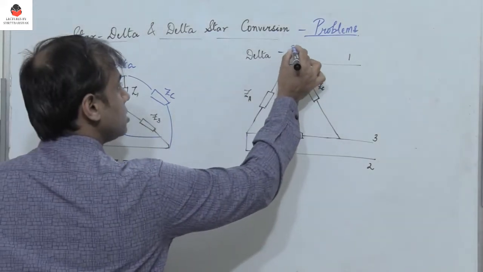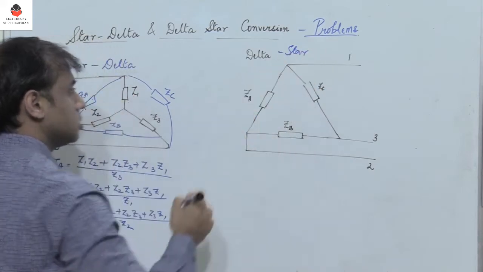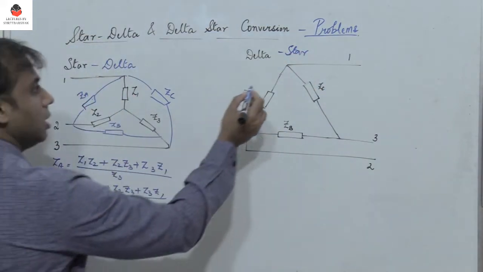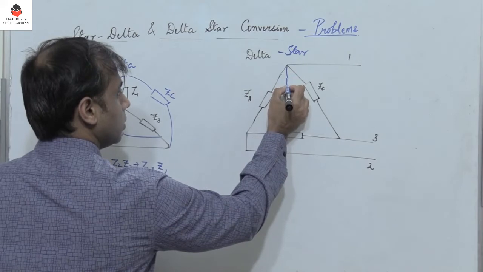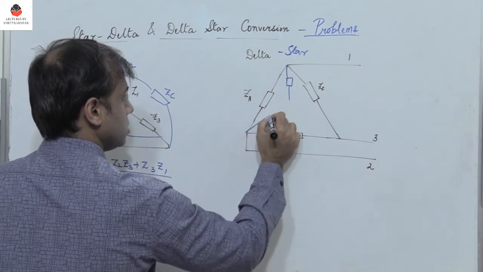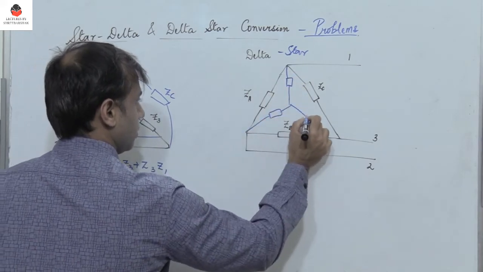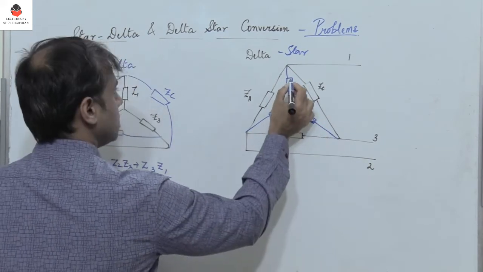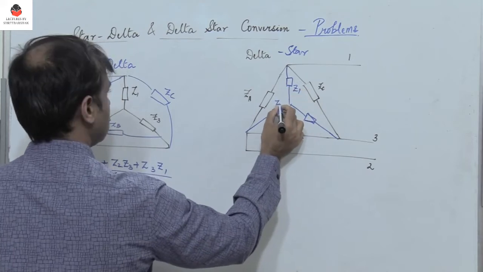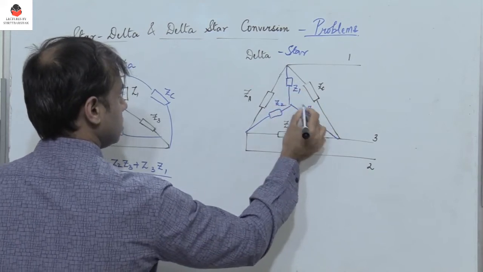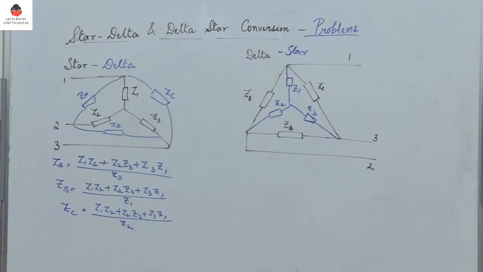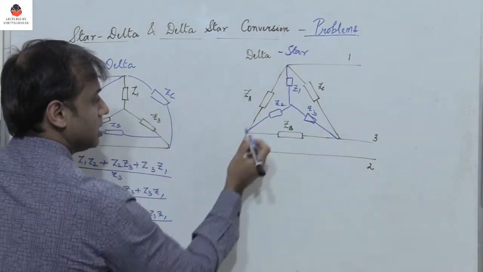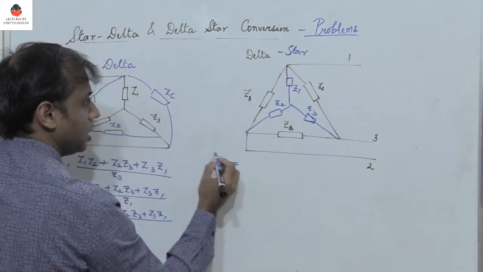Now for delta-star conversion, what is the formula? Let me draw the star network which I have to find. So this is the star network. So you have Z1, Z2 and Z3. Here we need to convert the delta network to a star network. Let's say I need to find Z1.